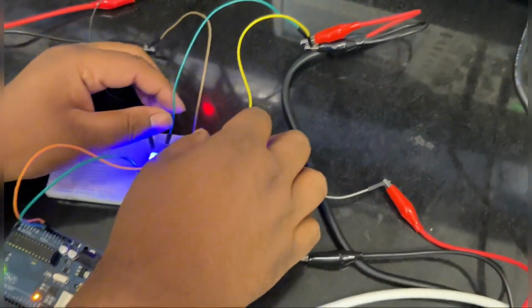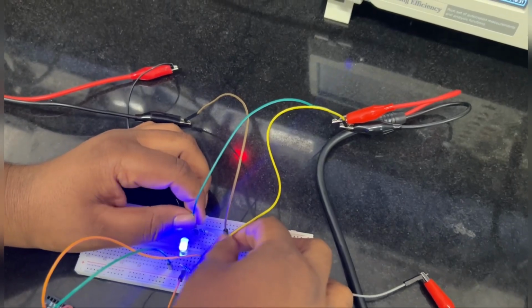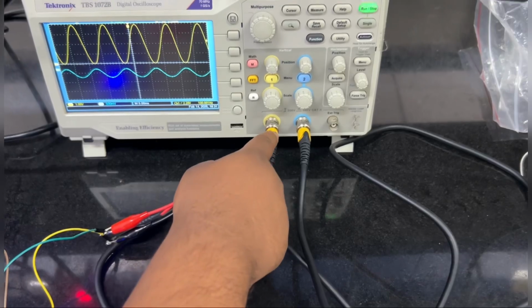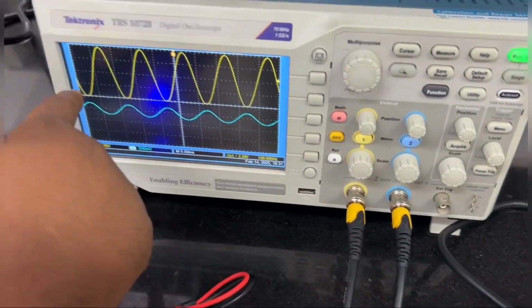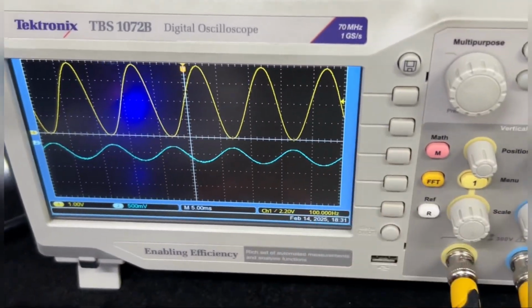We have taken the signal from across the 330 ohm resistor all the way to channel 1, and the oscilloscope is showing the reading like this yellow sine wave.